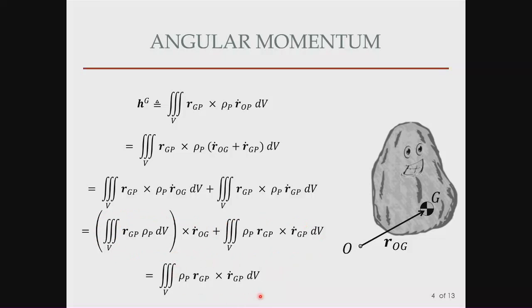Okay, this part, I'll just copy it because I'm going to continue with it further. So just remember the beginning, H about G. We did stuff and got to integration over the volume of rho P R GP cross RGP dot dV.